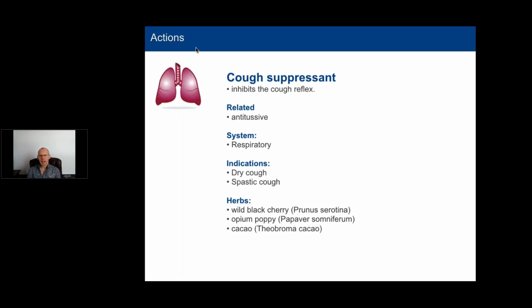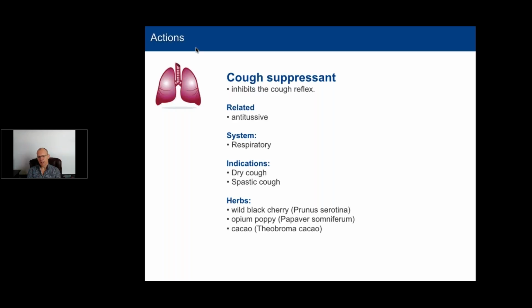The archetypal cough suppressant herb that we still use in herbal medicine is wild black cherry bark, and it contains cyanogenic glycosides that inhibit the cough reflex. And so it's used more when you have a dry cough where you're not actually trying to cough anything up.